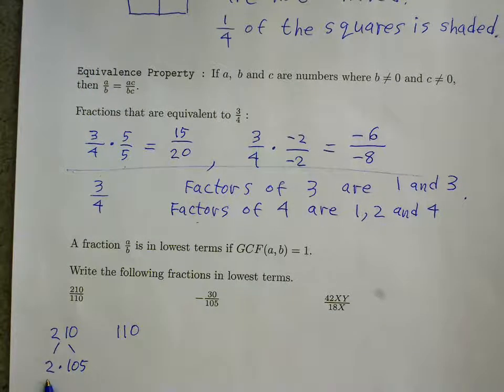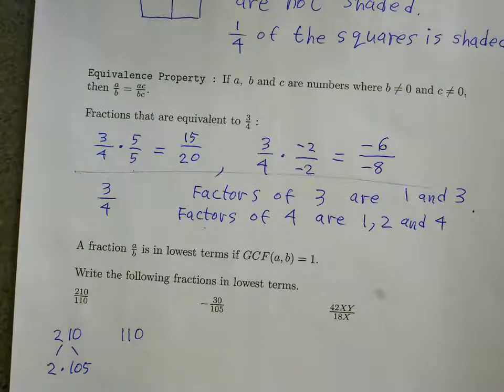2 is a prime number. Remember what a prime number is? A prime number is a positive integer greater than 1 whose only positive integer factors are 1 and itself.